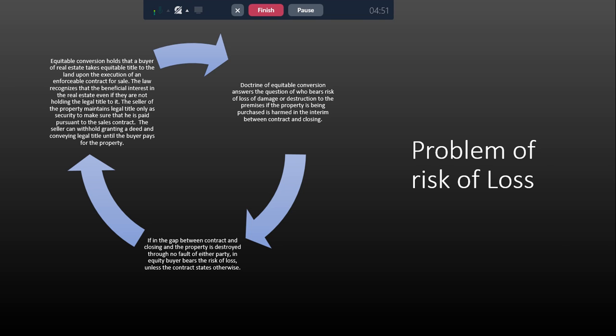But if there's a flooding during that time between your signing of the contract to the signing of the closing, the buyer is responsible for any of the damages, unless, of course, there is a writing in the contract to state that the seller will be responsible.